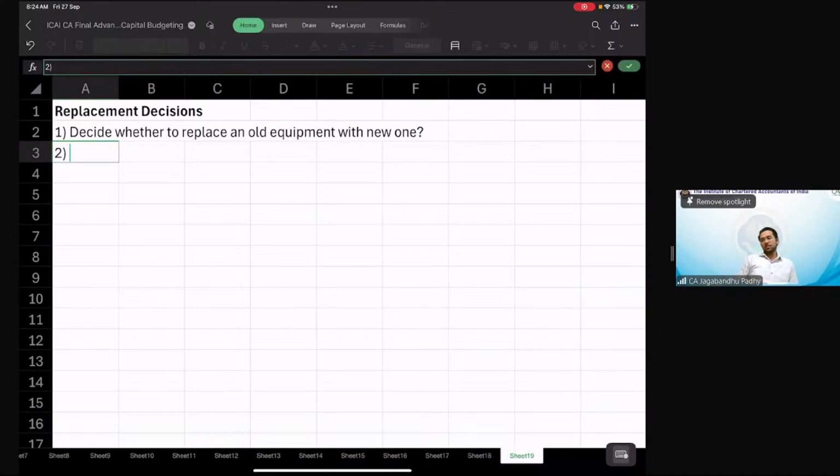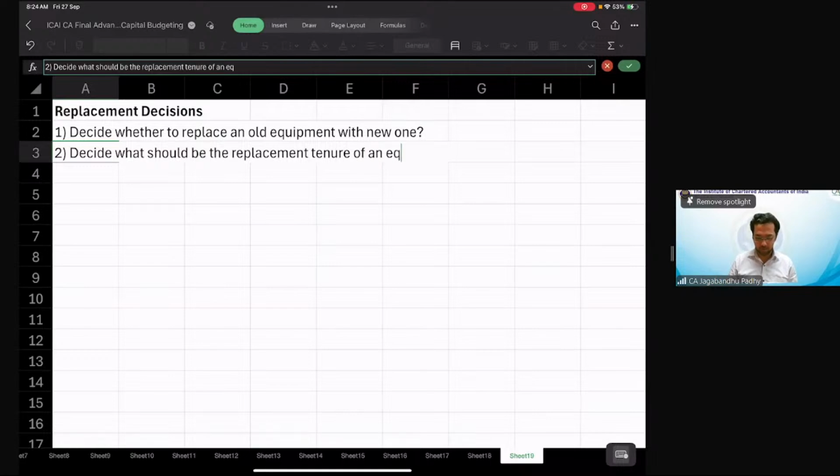And the second thing that we are going to discuss is, decide what should be the replacement tenure of an equipment.